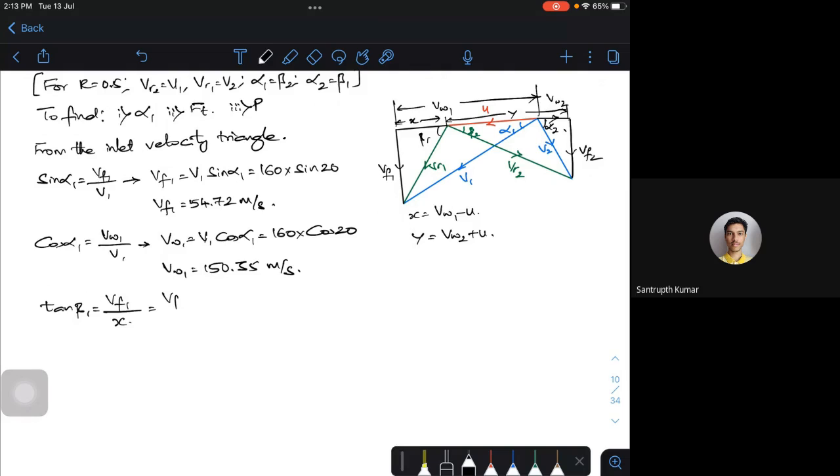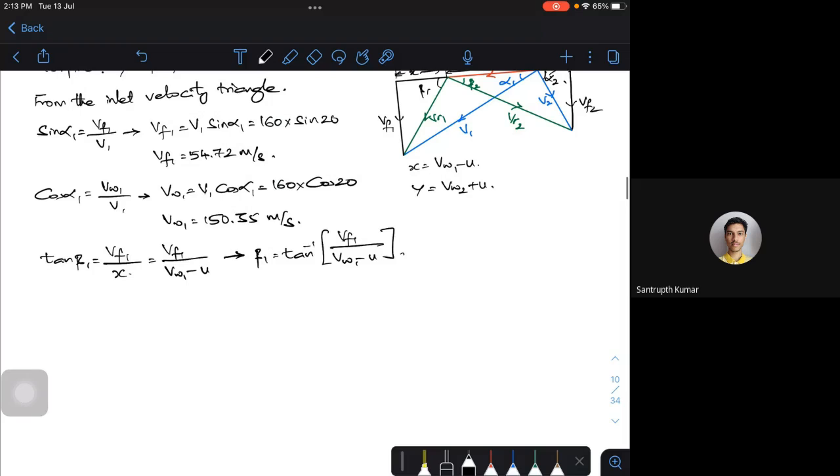That is Vf1 divided by Vw1 minus u, or I can write beta 1 is equal to tan inverse of Vf1 divided by Vw1 minus u. So u I have not found actually. So what is your u? U is equal to pi d n by 60.